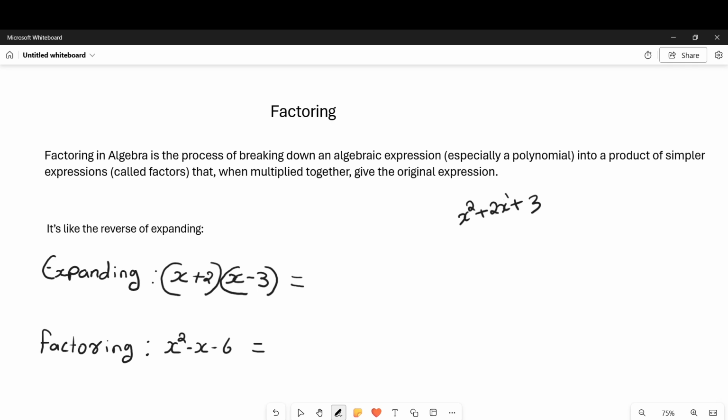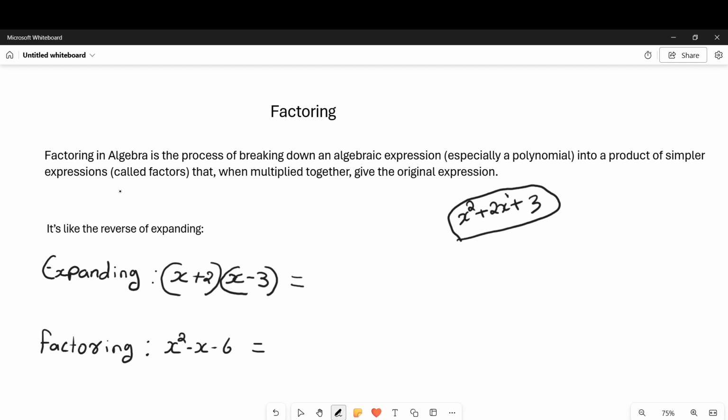Its power is 1, so there is no need to write it. Then there is a constant term with no variable. This type of expression we call a polynomial. We will discuss polynomials in detail later. For now, just keep in mind that this type of expression is called a polynomial.